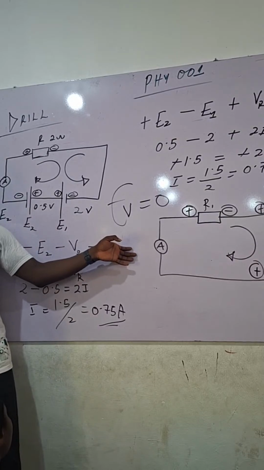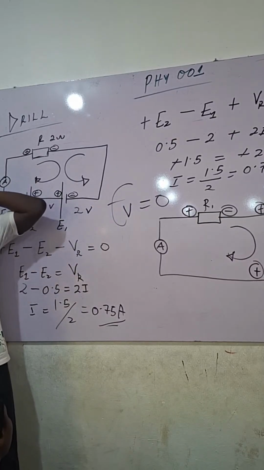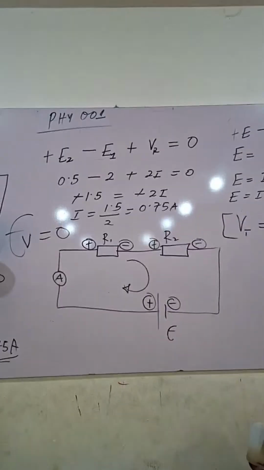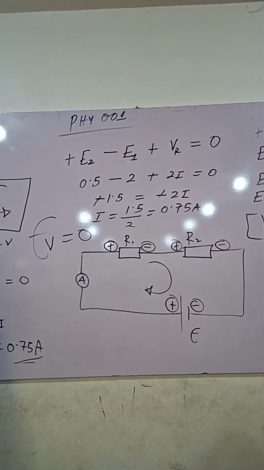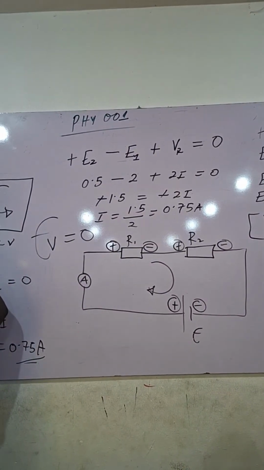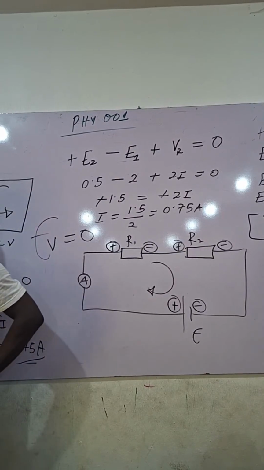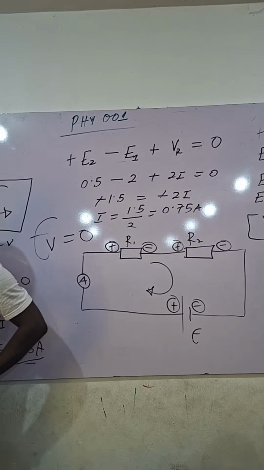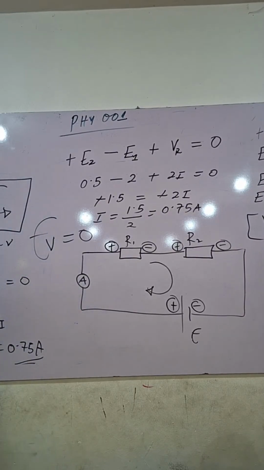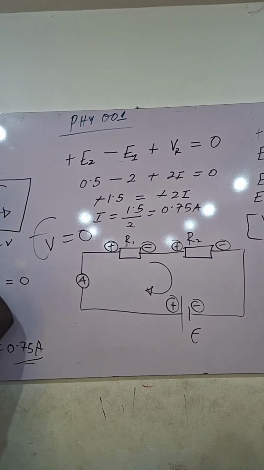Now, let's talk about, I think that's the one I've not talked about, conversion of galvanometer to ammeter. We've done magnetism, and you know the function of a galvanometer. A galvanometer helps you to detect small currents.